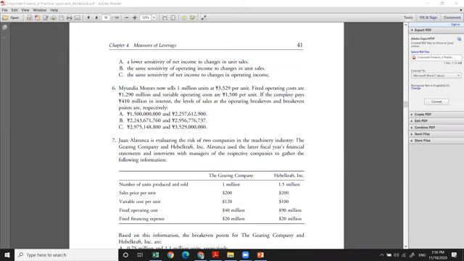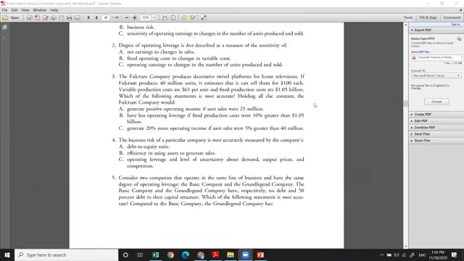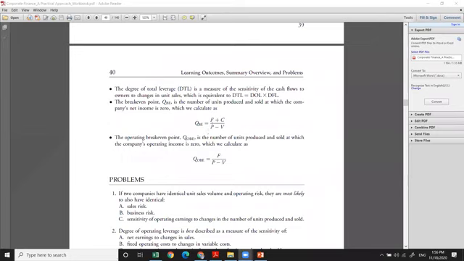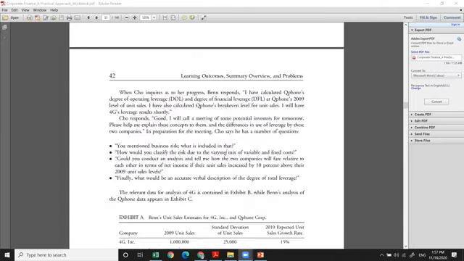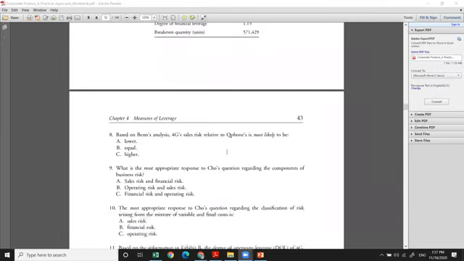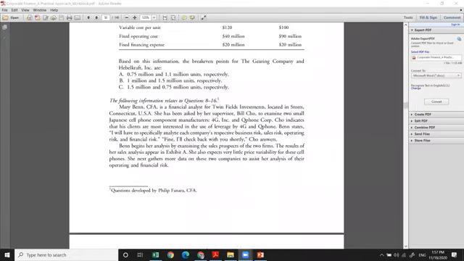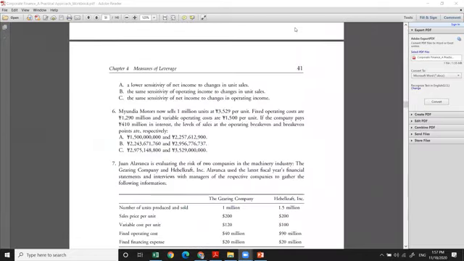One more time, the formula is here, sorry. Price minus variable cost, and this is fixed cost plus interest cost.